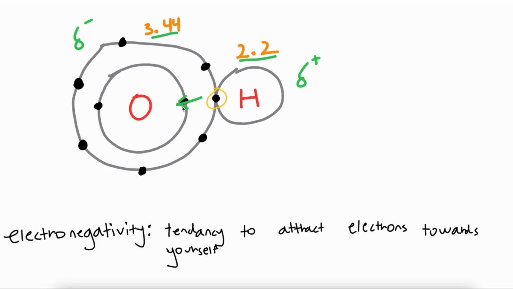Because it is pulling more of the electron compared to the hydrogen, which is pulling less, the oxygen will have more negative and the hydrogen will be more positive. Lastly, because the oxygen is partially negative and the hydrogen is partially positive, we call this bond a polar covalent bond. That is when we have the unequal sharing of electrons in a covalent bond.